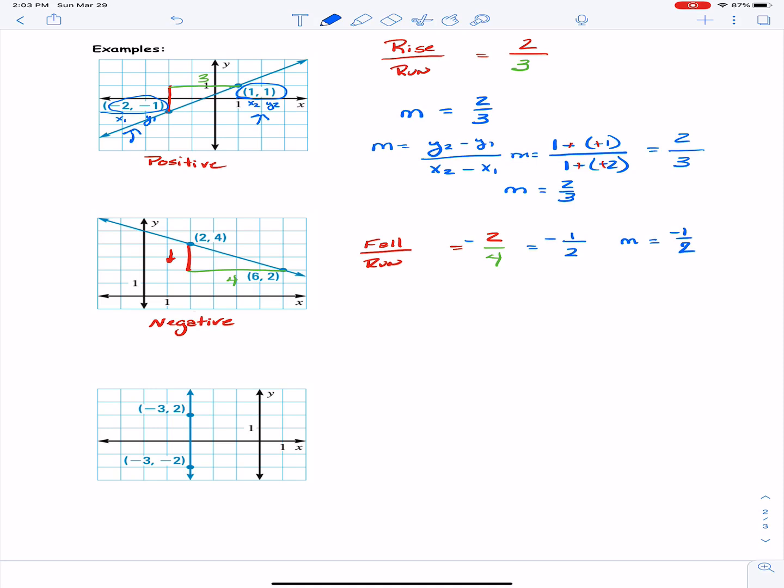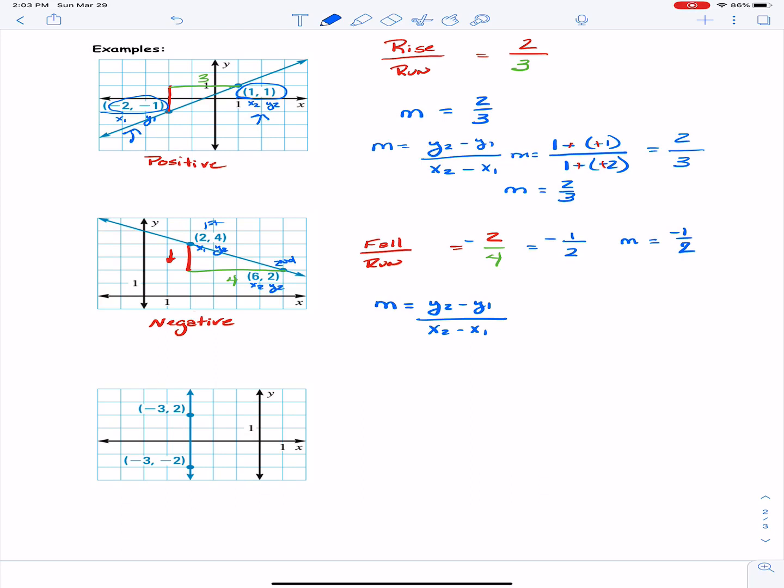Okay, let's do it using the equation. M equals y2 minus y1 over x2 minus x1. So again, we're looking at our points from left to right. This is my first point. This is my second point. So this is x2, y2. This is x sub 1, y sub 1.